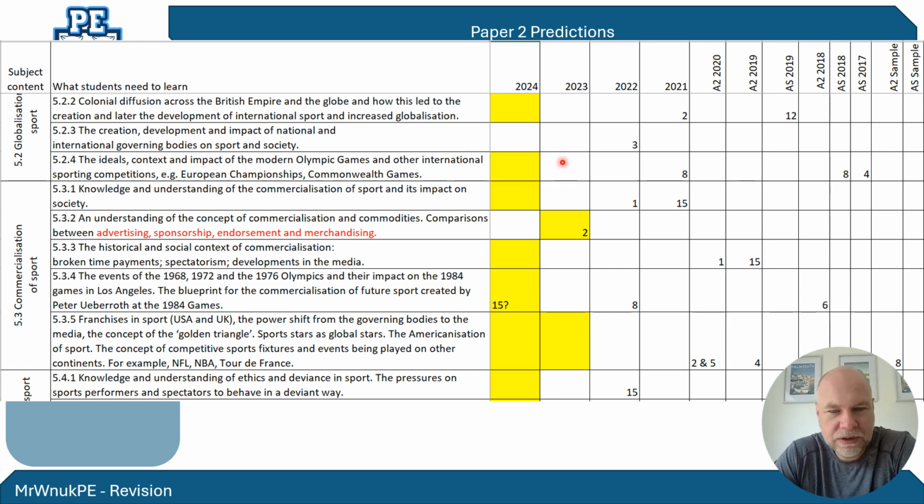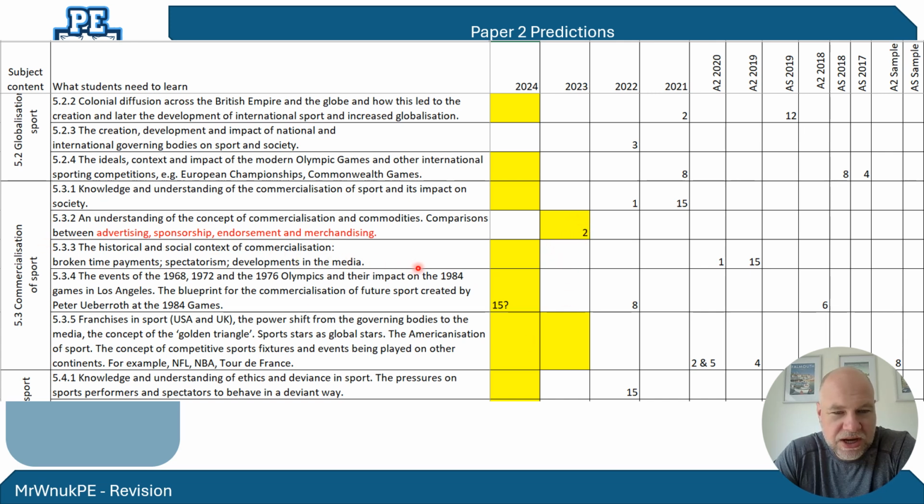Nice area for that. Another area that you can see coming up regularly is commercialization. All these regular exam questions on commercialization. I'd anticipate there will be an exam question on commercialization. Last year it was just on defining these aspects: advertising, sponsorship, endorsement, and merchandising. So just definitions on that.